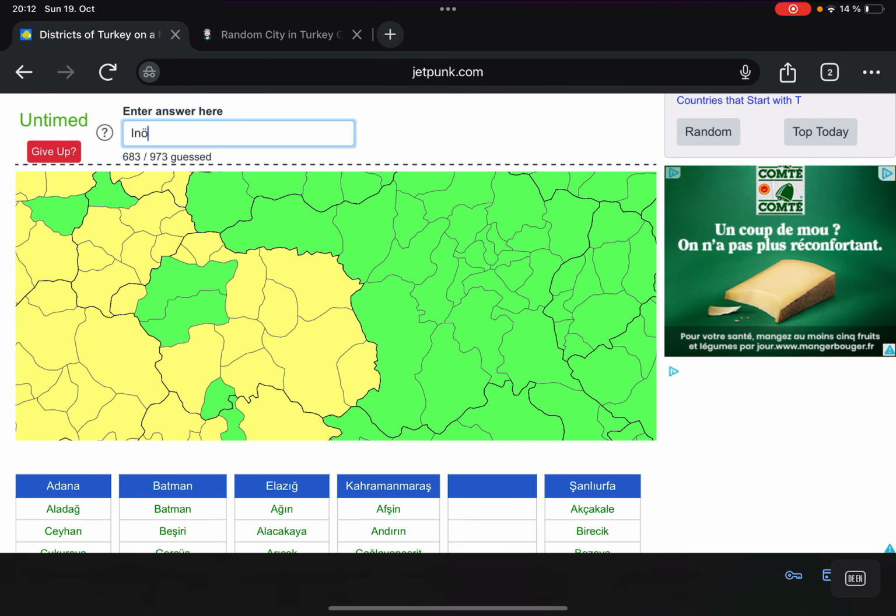Alright, so we have İnönü, Mihalgazi, Alpu, Beylikova, Mihalıççık, we have Sarıcakaya, Günyüzü, Sivrihisar, Çifteler, and Mahmudiye, but I think it's Mahmudiye. And this one should be Said Gazi.